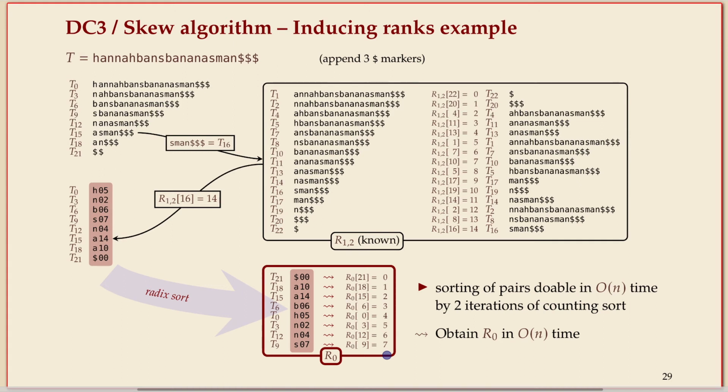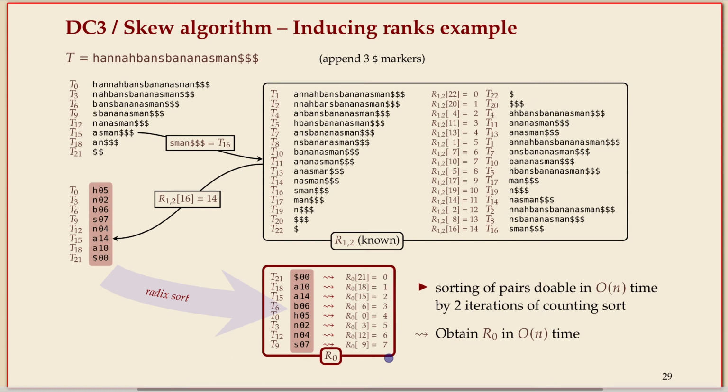Now, I want to point out that the rank arrays, the R12 and R0, oh, here I did call it R0 instead of R3. I guess it's a mistake on the first slide then. The rank arrays R12 and R0 are ranks within their subset of suffixes. So these are the numbers 0 up to 14.